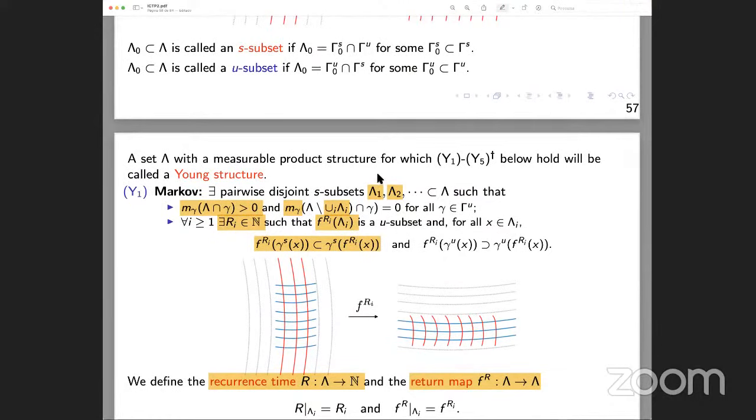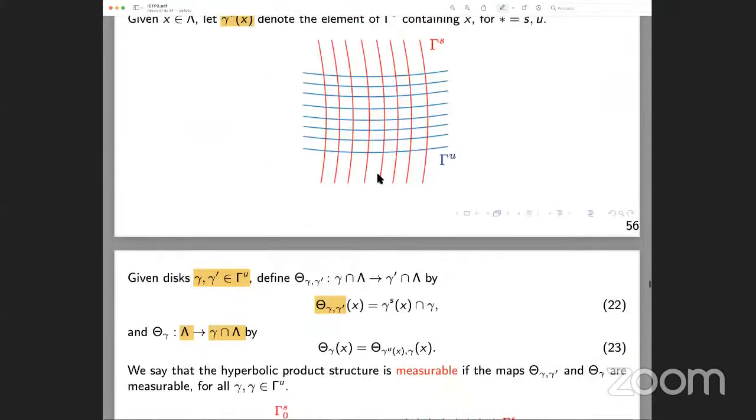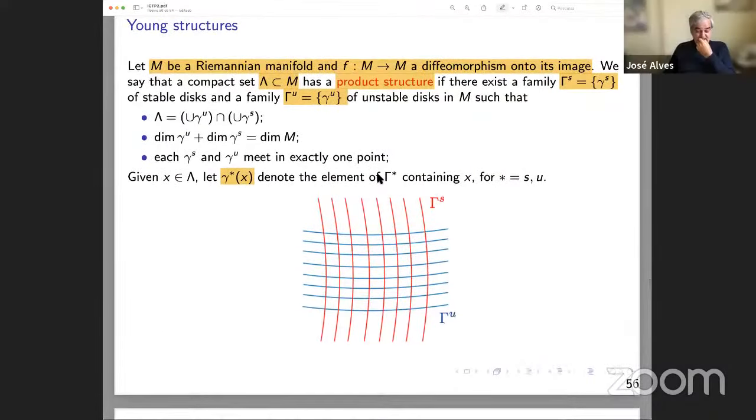So my question is something like this: this local structure, sorry, this product structure that you have here, it's not clear to me if it's given locally at each point in lambda. It's global in lambda. So lambda is the intersection of these points. There's a family of stable disks and a family of unstable disks with these properties. This is usually a small region.